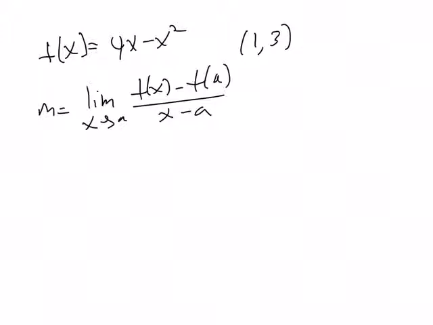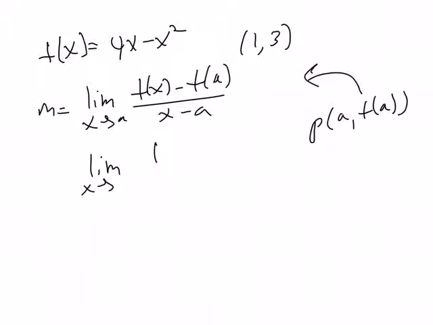So for us, this is going to be the limit as x goes to a, and for a given point, a is going to look something like this. This is the definition. For us, our a is 1. So it's going to be, as x goes to 1, f of x minus f of 1, which is 3, minus 3, over x minus 1.